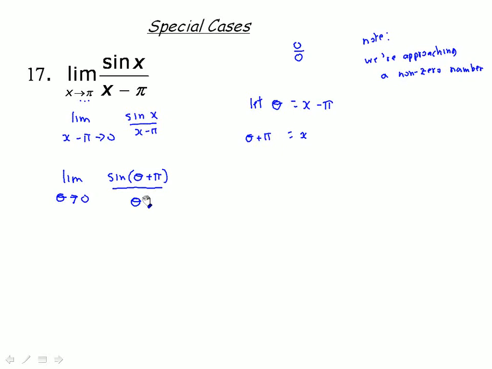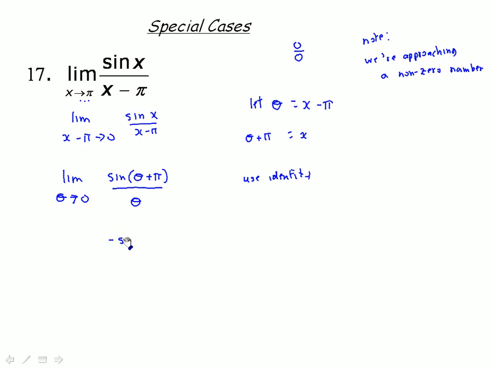Now that still isn't perfect, but if you use a sum difference formula on it, so use sine A plus B, that would be fine. But actually, better than that, if you take a look at your formula sheet, you don't even need to use a sum difference because that one is given to us. Conveniently, this is a cofunction identity, and the sine of theta plus pi is equal to negative sine theta.